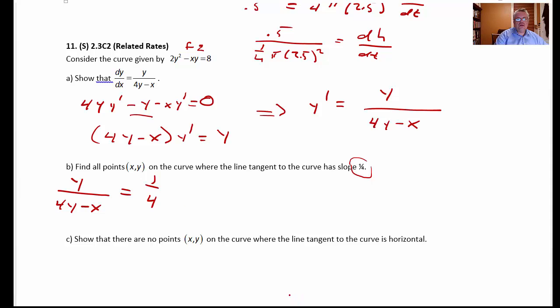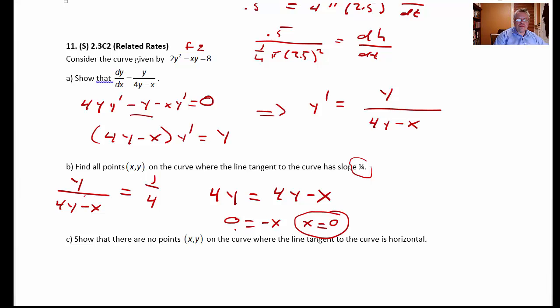So we have to cross multiply. 4 times y is 4y. 1 times 4y minus x is 4y minus x. If I subtract 4y from both sides, I get 0 equals minus x, or x equals 0. So in order for it to have slope 1/4, x has to be 0.